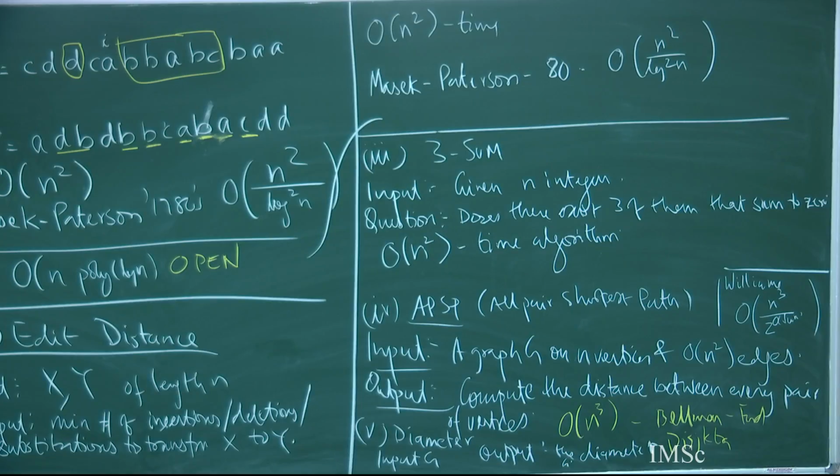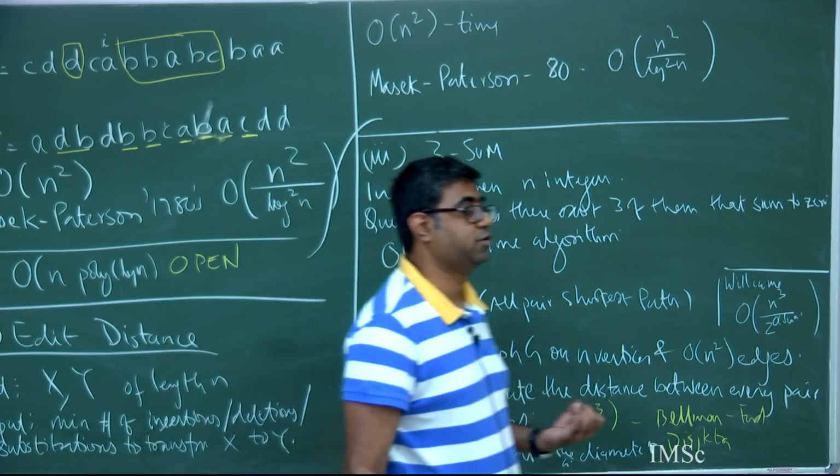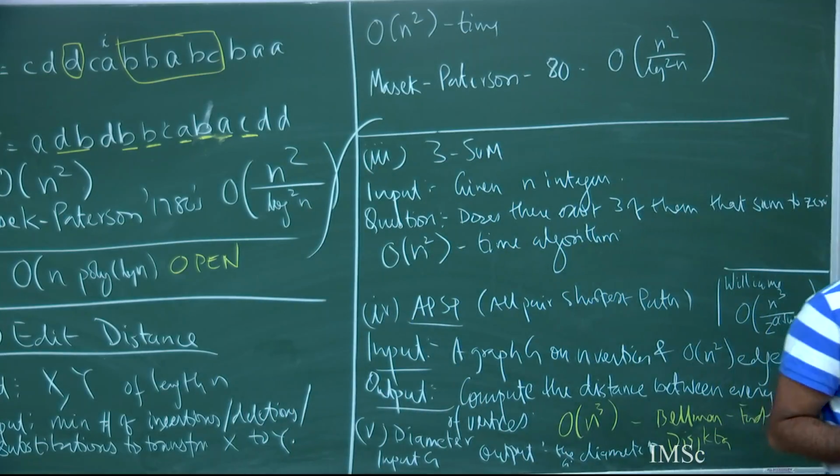Okay, how much time does it take to get the diameter of a graph? The trivial algorithm is you have to compute for every pair. Fine, but is that the only way to compute diameter? Can you compute diameter slightly faster? Not trees, I am talking about a general graph.